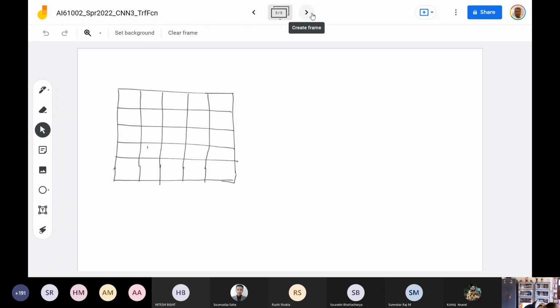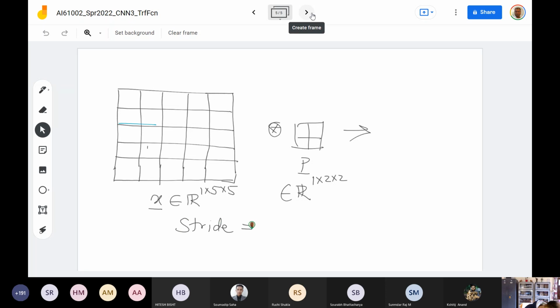So this is my X, and then I have my P over here, and then I am convolving, and then I get my output. So my first location, with the stride equal to 1, is over here.